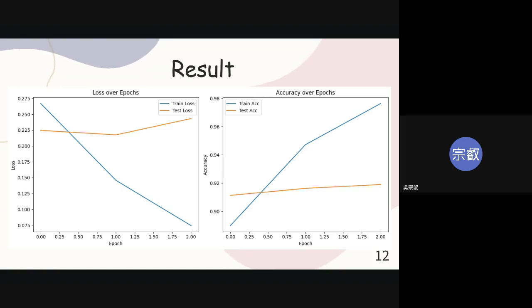And accuracy over epochs: our test accuracy is not growing so sharply, and our train accuracy is much larger. When it reaches epoch 1.0, it slows down its increase.